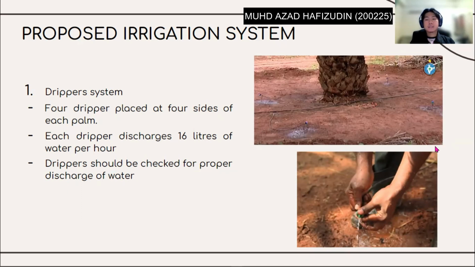As we can see in the slides now, the dripper system has four drippers placed at four sides of each palm.